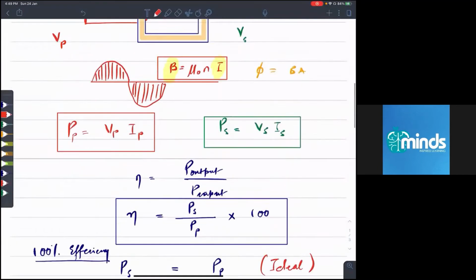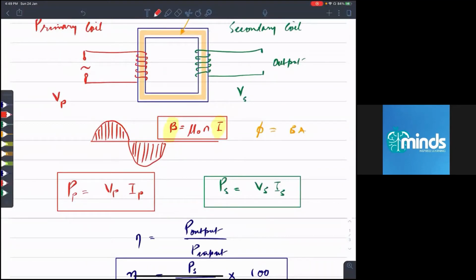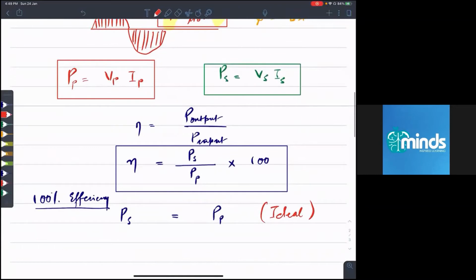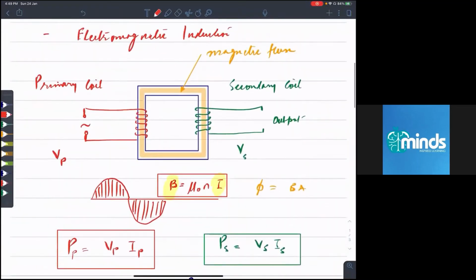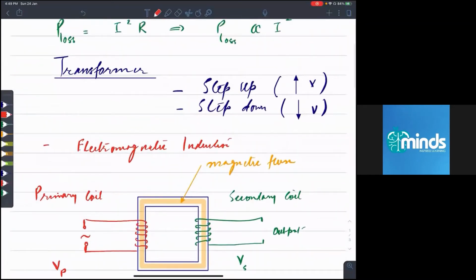Okay, next thing. What factor will decide whether the transformer is step up or step down? To make a transformer step up, the number of turns of the secondary should be greater than the number of turns of the primary. Ns should be greater than Np.